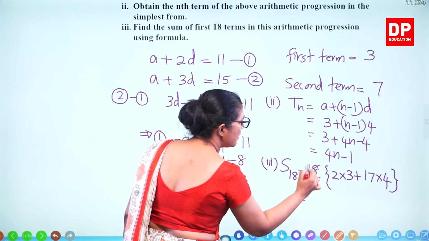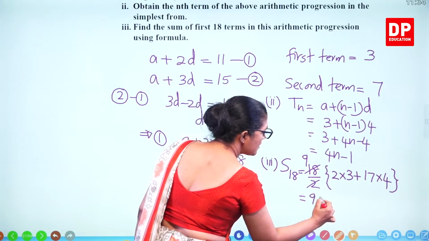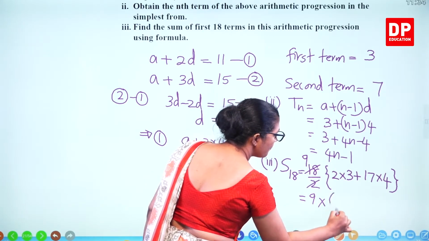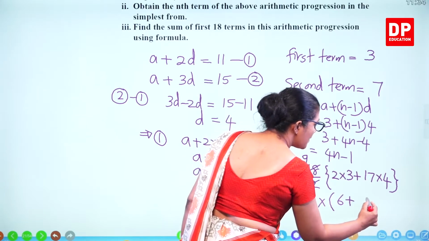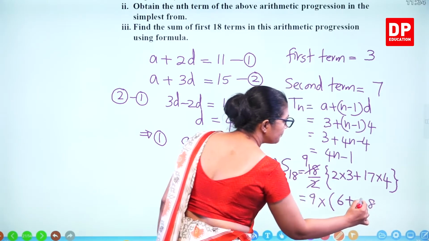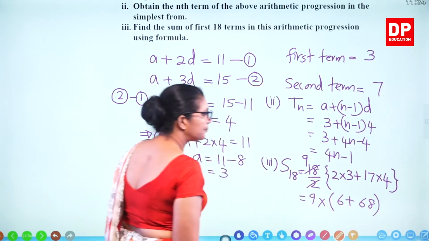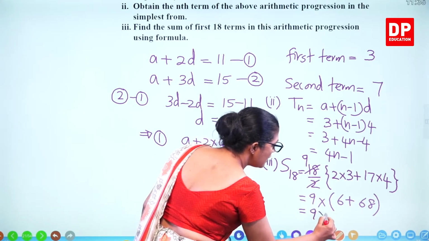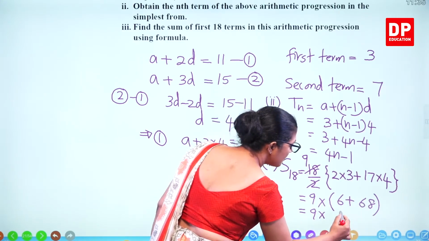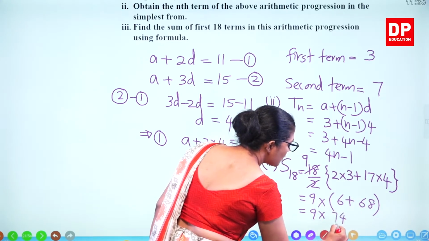You get here 9. Inside the brackets, what do you get? 3 times 2, 6. And 4 times 17, 68. Now add it. 9 into 6 plus 68, 74.